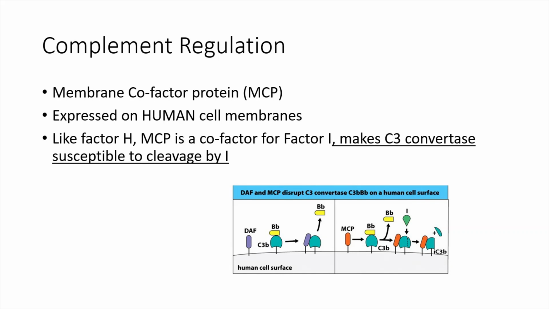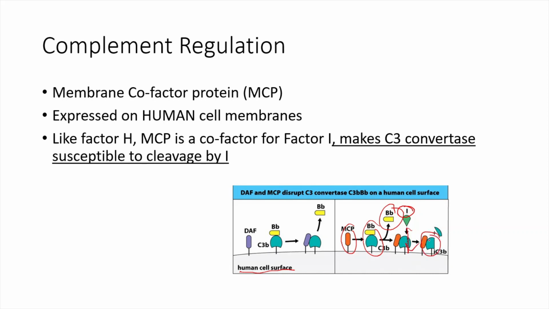And then you have another factor here, the membrane cofactor protein, or MCP. Again, this MCP is on the human cell surface. It works kind of like factor H. It interacts with the C3 convertase, and after the interaction you kick off the Bb, and in this case it exposes a site susceptible to factor I to come in and cut it.